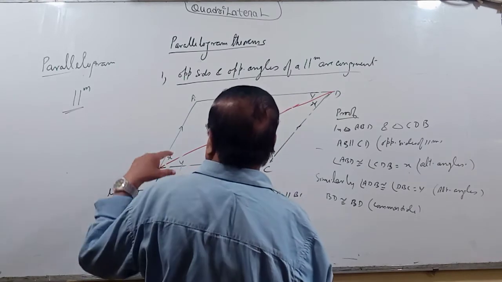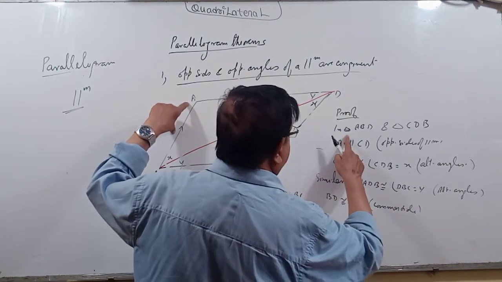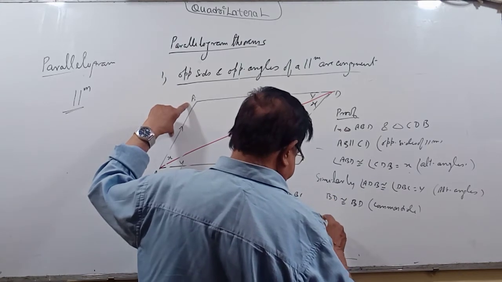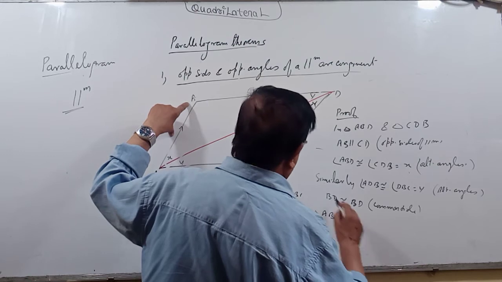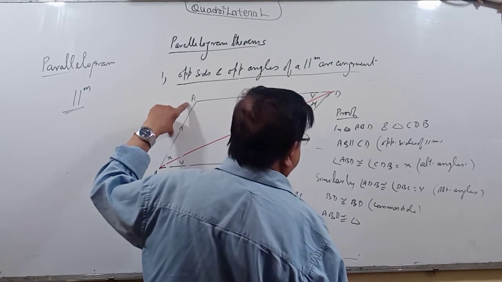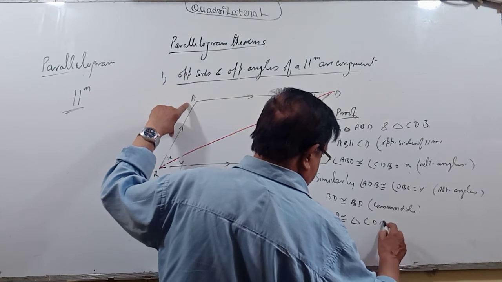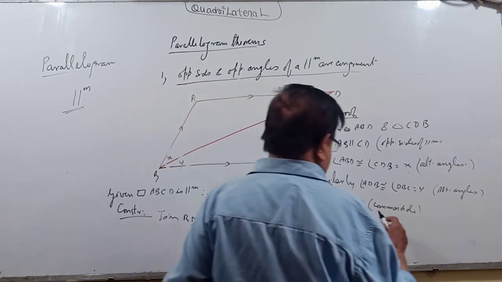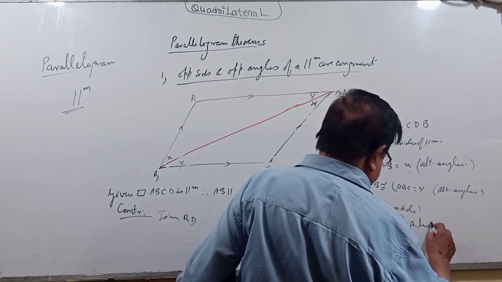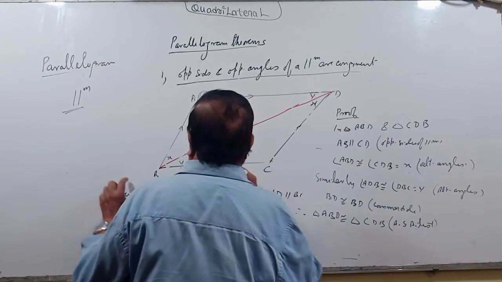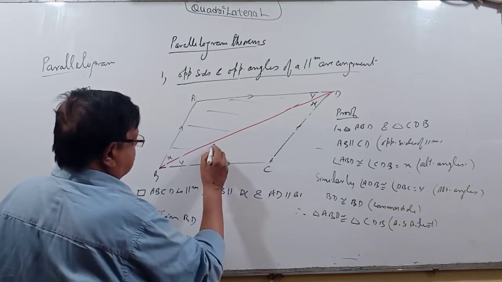Therefore, we can say that triangle ABD is congruent to triangle CDB by the angle side angle test. This triangle here is congruent to this triangle here.